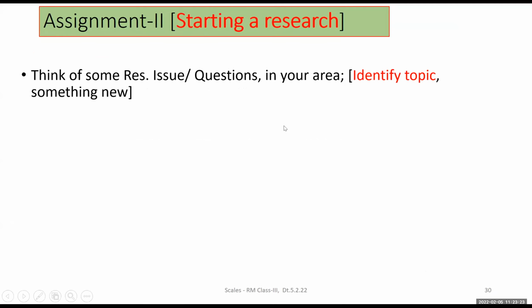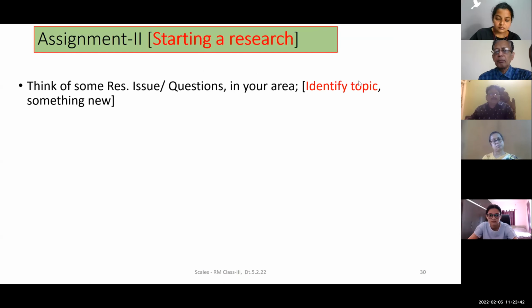If you remember, in session number 1 we had a discussion on what is done in research and how we start. Now, all of you have to think of a broad topic. Please identify a topic, whether it is what you have already given to Sumita ma'am. I think Sally had formed one Excel sheet, but I would be happy if you can think of one more topic.